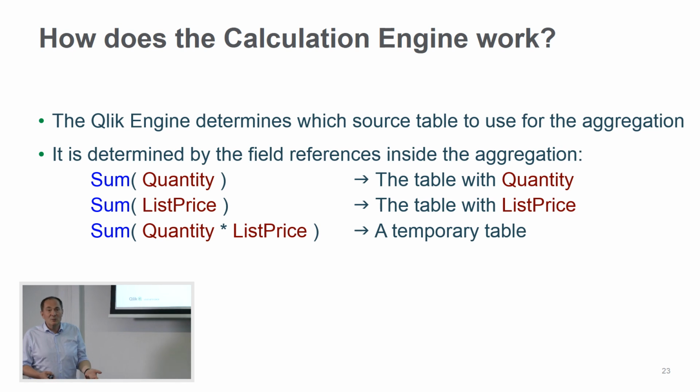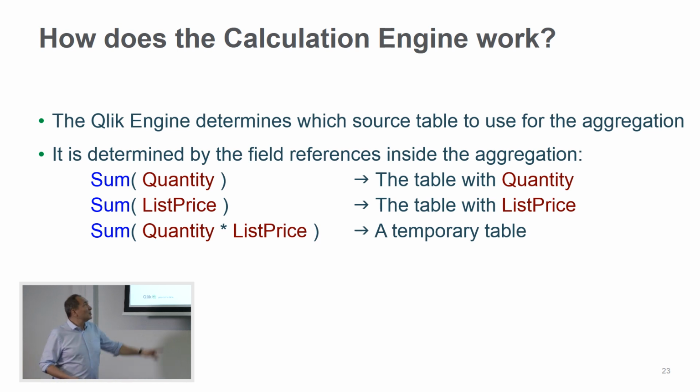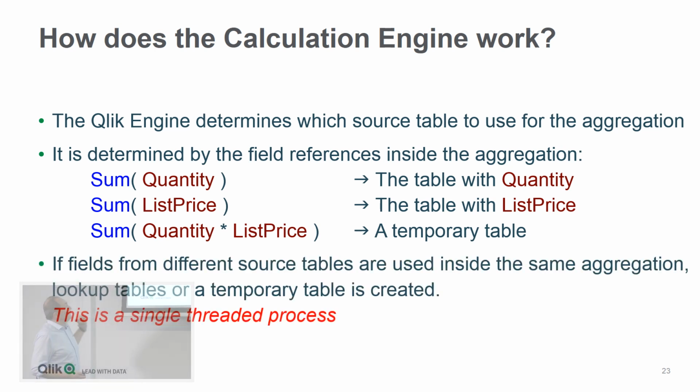You can try it, and you will see that if you have smaller sets of data, like a couple of thousand rows or 50,000 or 100,000 rows, you probably won't notice, because it's so quick anyway. But if you have 10 million rows, you will start noticing. So if the fields from different source tables are used inside the same aggregation, that's when you could have a problem.